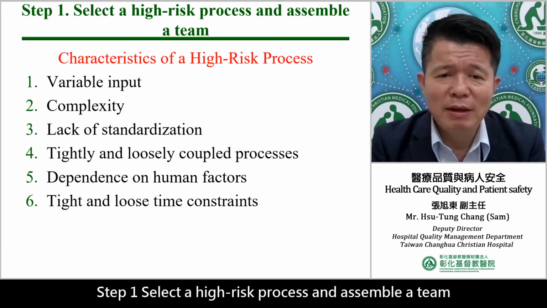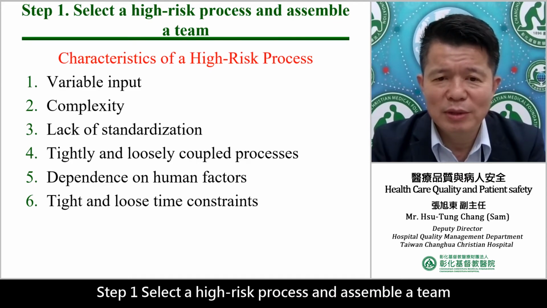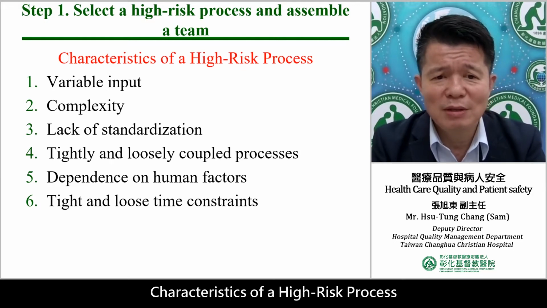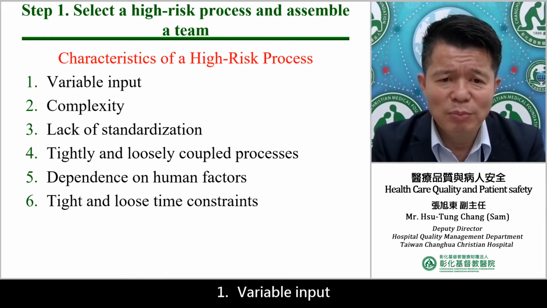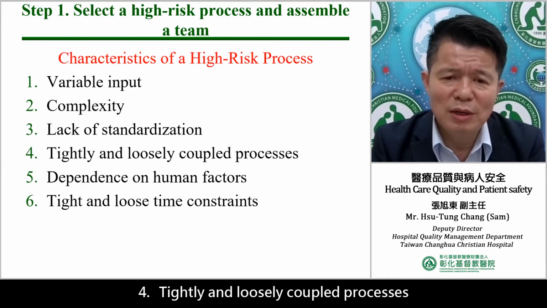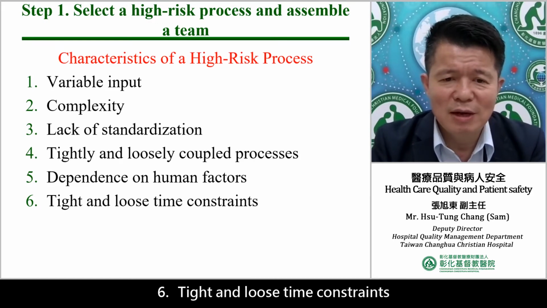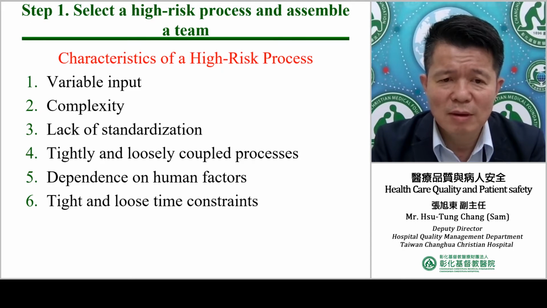Step 1, select a high-risk process and assemble a team. Characteristics of a high-risk process: variable input, complexity, lack of standardization, tightly and loosely coupled processes, dependence on human factors, tight and loose time constraints.